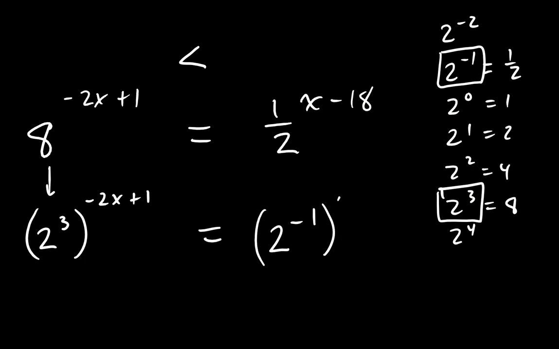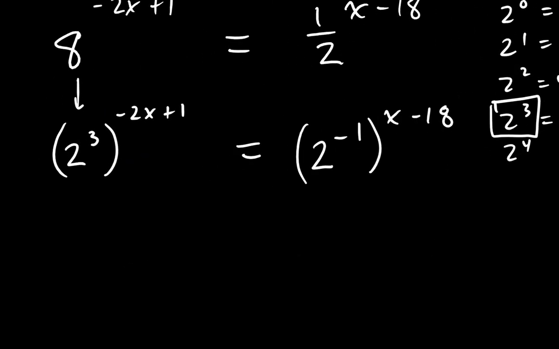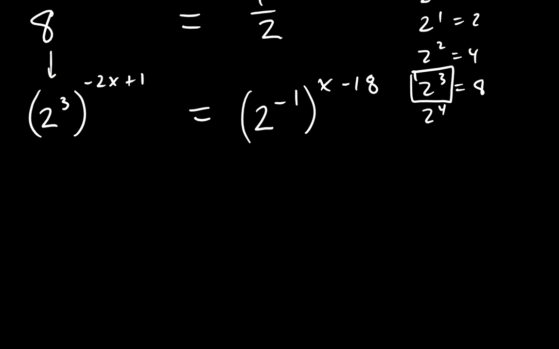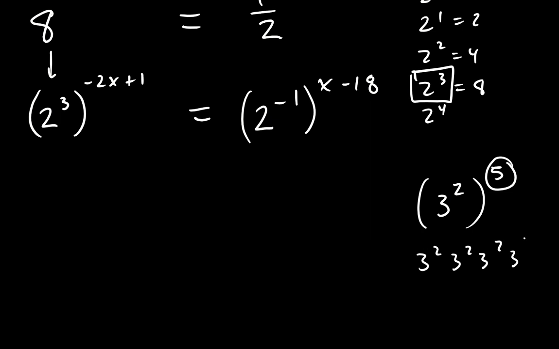And I'm going to raise that to the x minus 18 power. All right, so now I'm going to use the power rule. I'm raising a power to another power, so I'm going to multiply. Again, my thinking here is if I had 3 factors raised to the second power and I raise that to the 5th power, I have 5 of these 3 squareds. So I've got 1, 2, 3, 4, 5 of them.